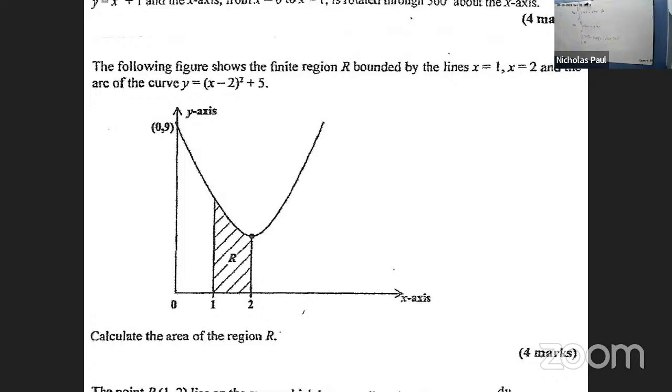X minus 2 all squared plus 5. Write it down fast, the equation, in case you cannot see it.